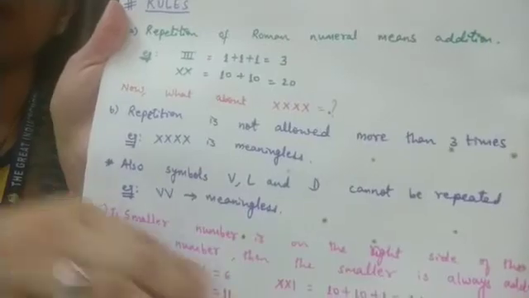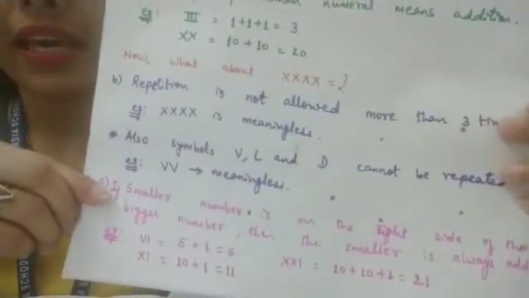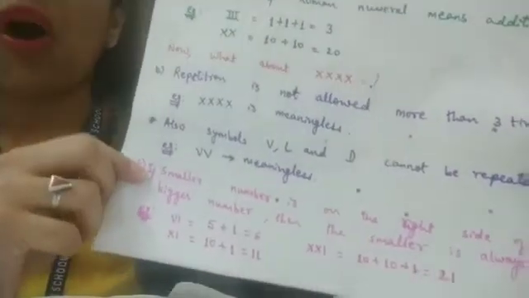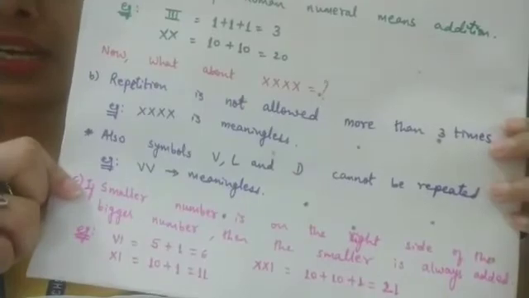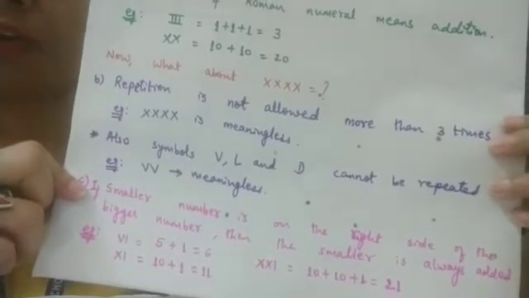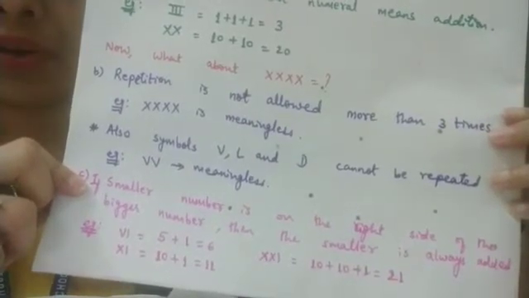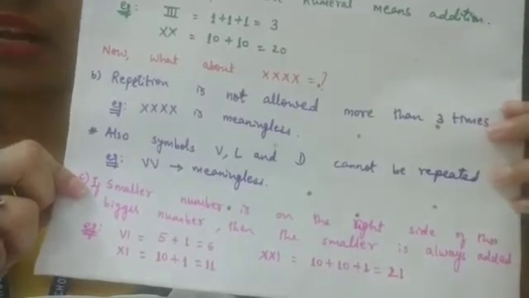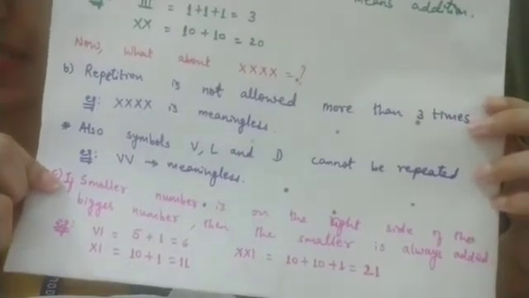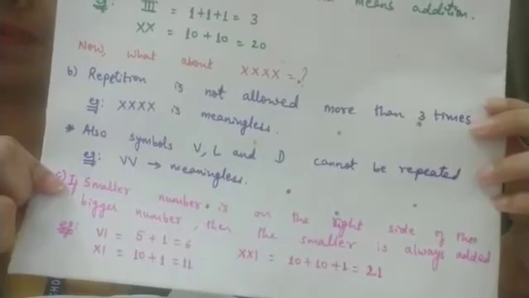Now your next rule is that if a smaller number is written on the right side of the bigger number, then the smaller number is always added.